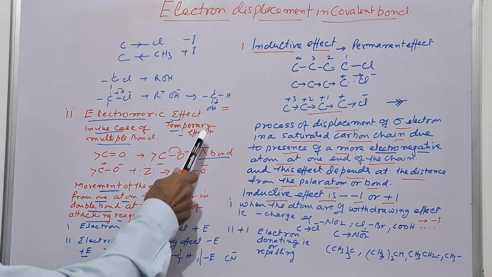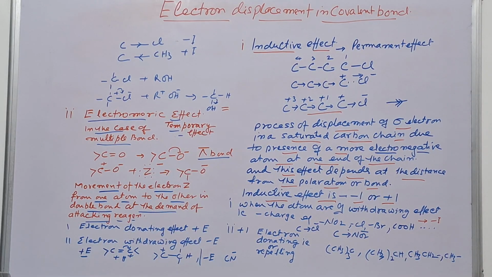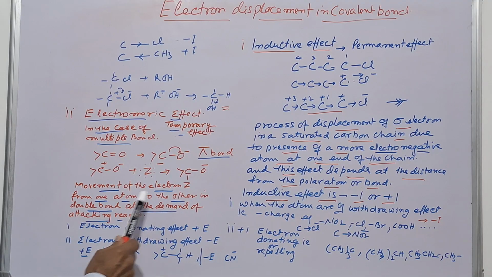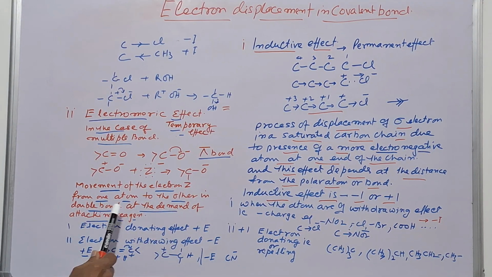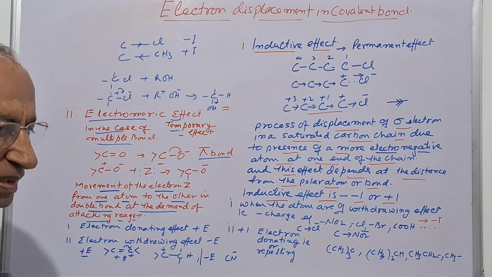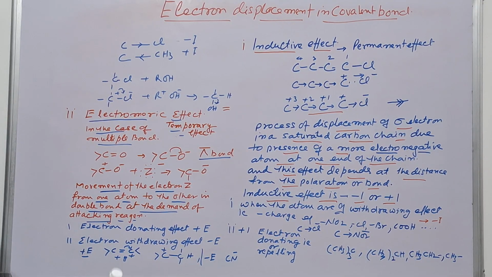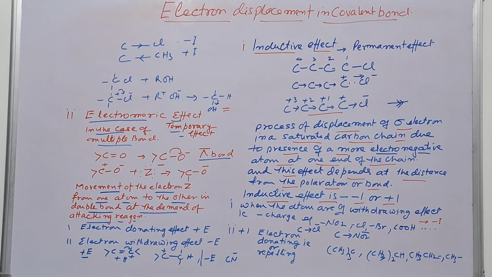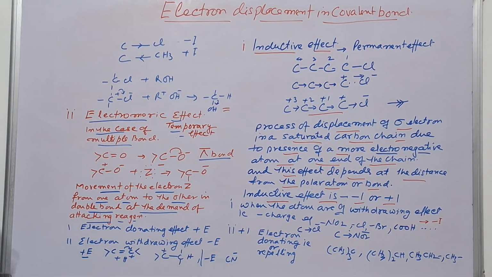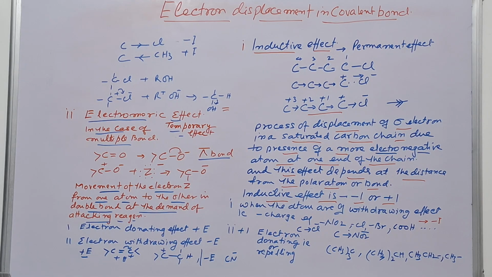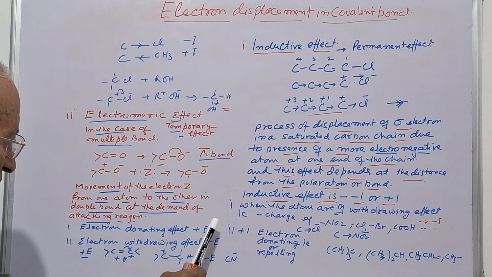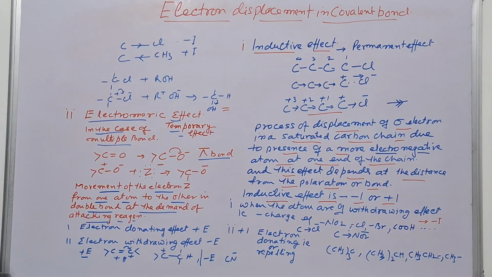That's why it is known as a temporary effect. So if we define it, it is the movement of electrons from one atom to the other in a double bond or triple bond at the demand of the attacking reagent. Whenever an attacking reagent attacks a double bond, this electromeric effect is seen. Now this electromeric effect may be E positive or E negative.